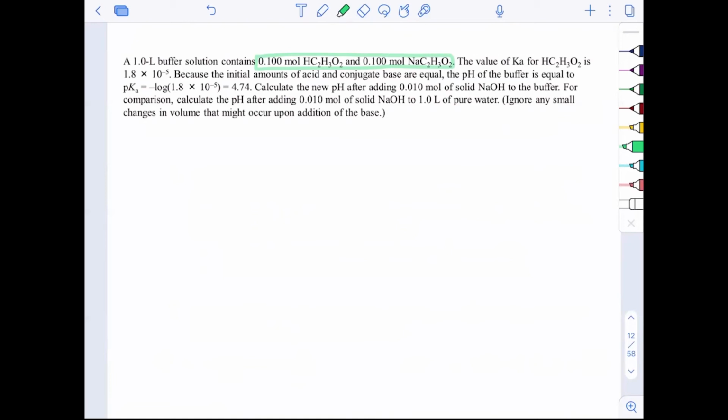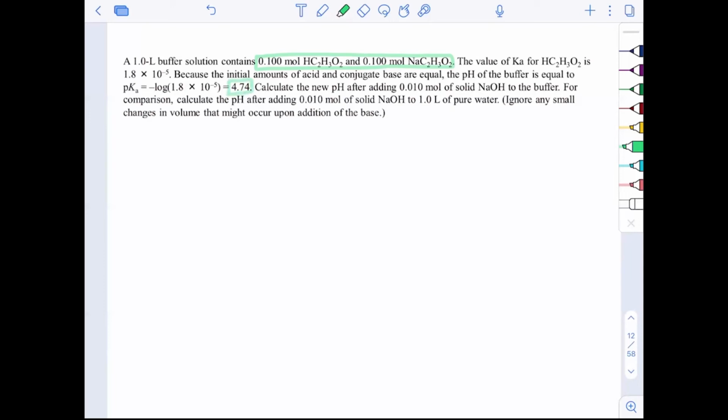The value of the Ka for acetic acid is 1.8 times 10 to the negative 5. Because the initial amounts of acid and conjugate base are equal, the pH of the buffer is equal to pKa, which is 4.74. We already did that calculation earlier.